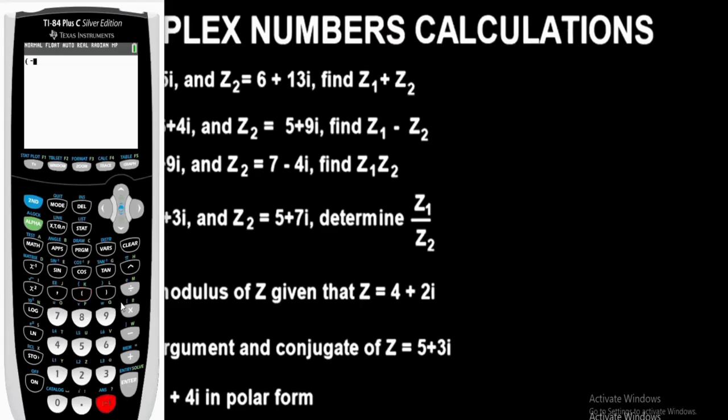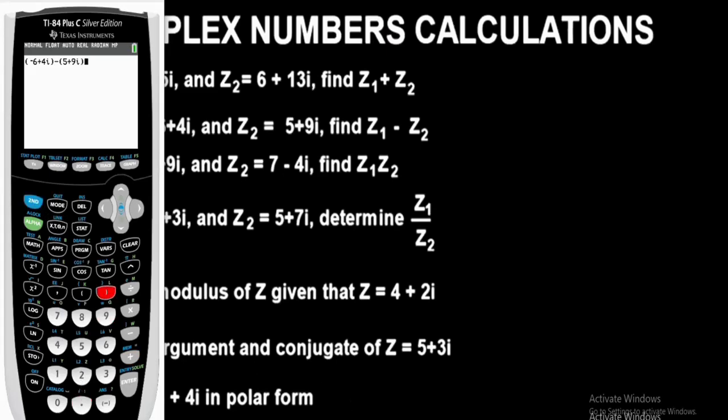Don't use this other one, it will end up giving you an error as an output. So we have minus 6 plus 4i. Press second and this button, close the bracket, then minus, and in brackets we have 5 plus 9i. Second and this button, close the bracket.